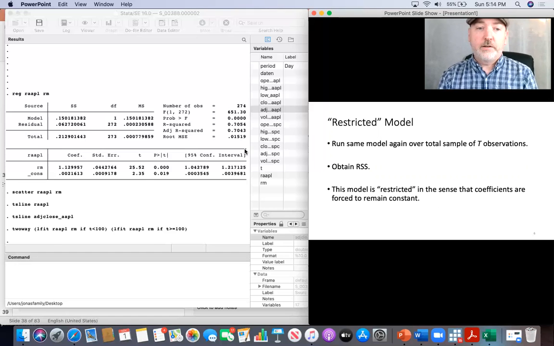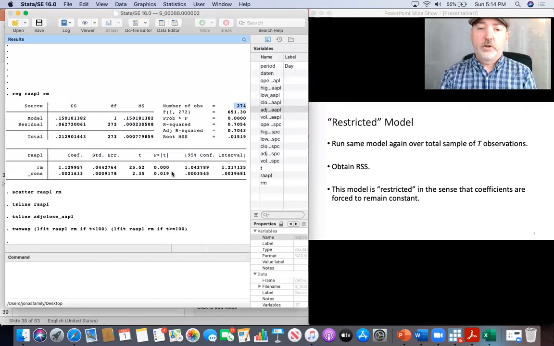So essentially on the left here, it's stated when I ran the little CAPM example equation over the full sample, a little over a year, 274 observations, that is now the restricted model in our calculations here. What I haven't done yet is run the individual samples. We saw the picture of the linear fit before observation 100, pre-break, and after observation 100, but we haven't run the regressions yet.